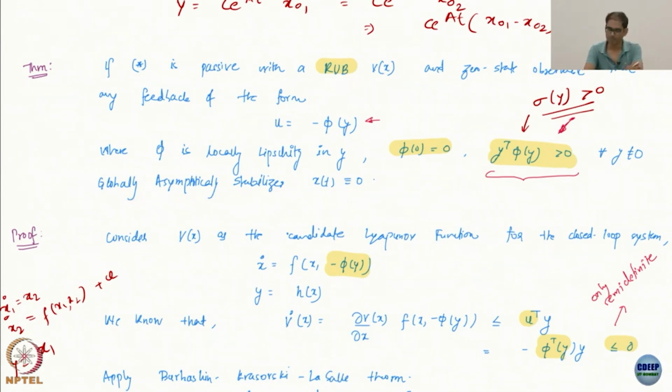So, how do you construct the feedback? You basically declare the control to be minus phi(y) with these properties: Lipschitz, 0 at 0, and y transpose phi(y) is positive definite, that is, for non-zero y it is strictly positive, okay.